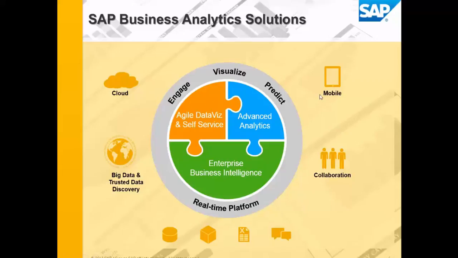All products that you will see are surrounded by a number of factors that are important. Anything you see is mobile ready and can be provided to any mobile device. We have very strong collaboration facilities within the business analytics suite where people can comment or work together on deploying and sharing business analytics products.